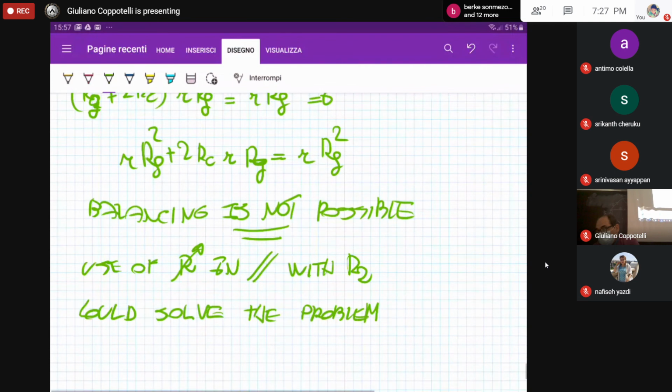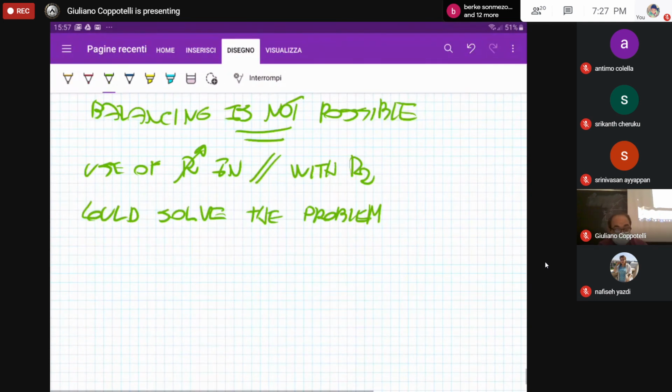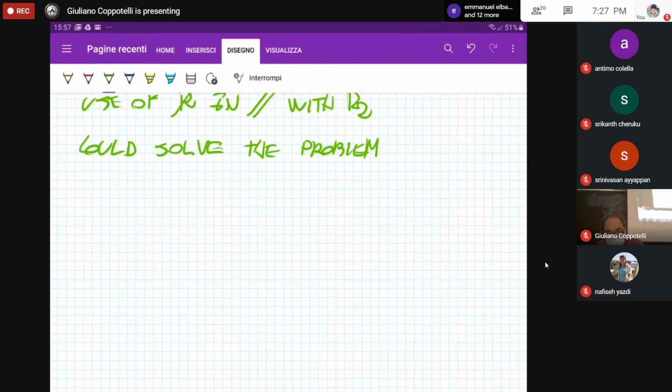Last effect, very fast, is on the temperature compensation.